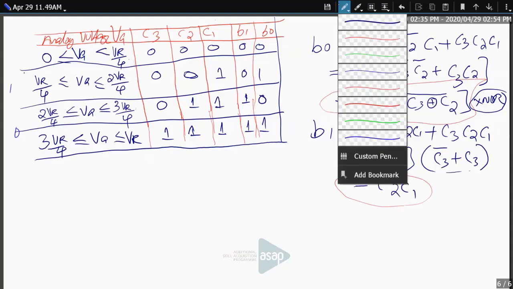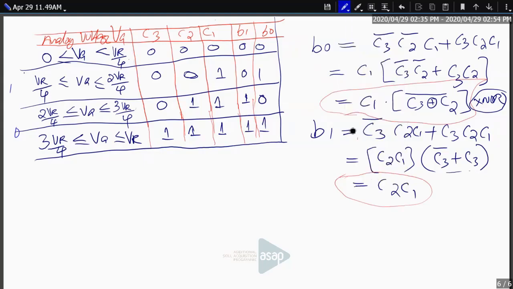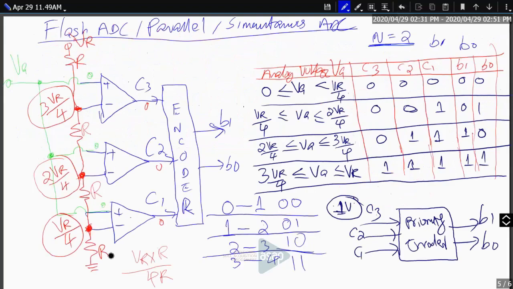This is something like A bar, B bar, or AB, which is nothing other than A XNOR B. So if we use that, it is C1 and C3 XNOR C2, not XOR, XNOR.